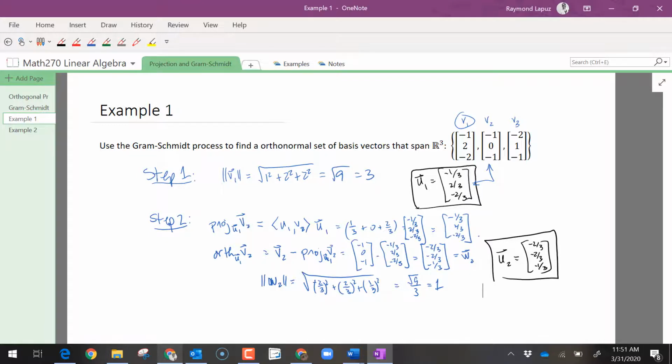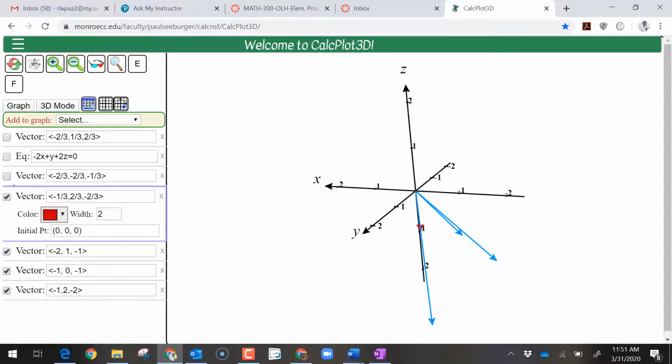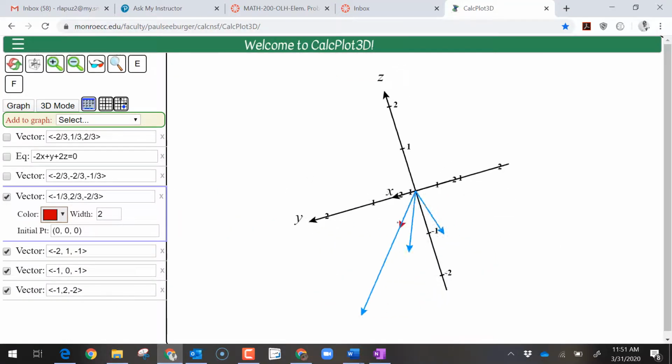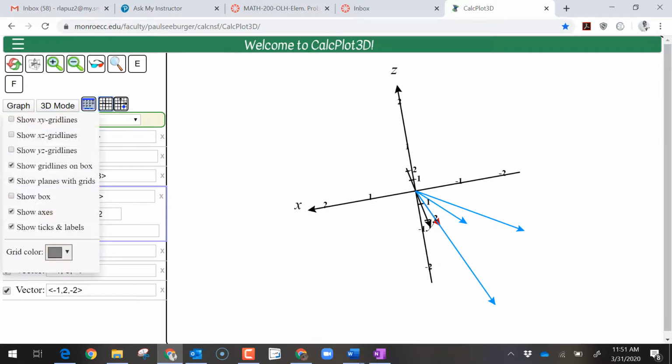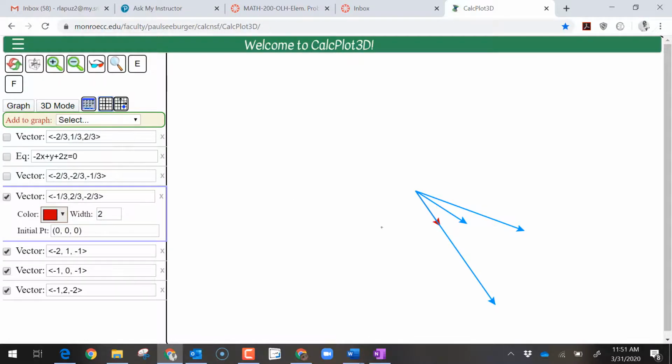And let's take a quick look at how that might look. It might be better if we get rid of the axes here, since the axes are not important for us. So we have these 3 vectors. We have the first vector in red here, which is the first unit vector that we found.